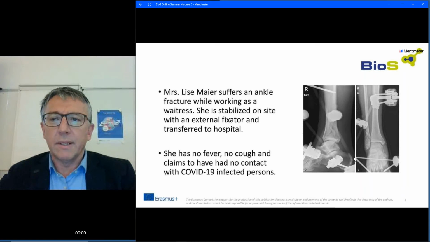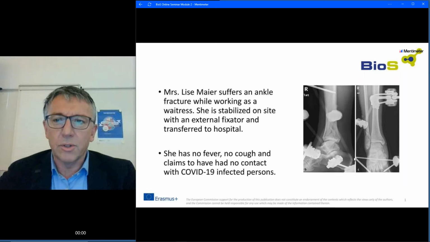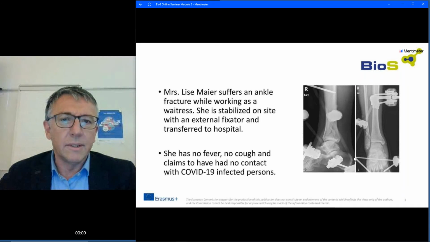We will start with just an example from our hospital, but it can be any other condition. It doesn't need to be a fracture. It doesn't need to be any trauma or disease at all.